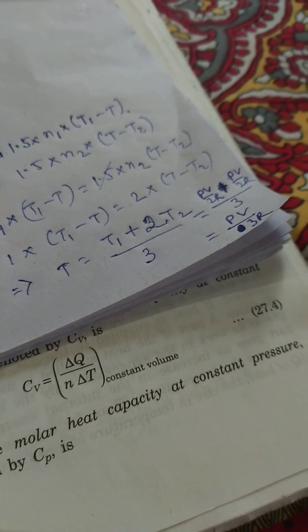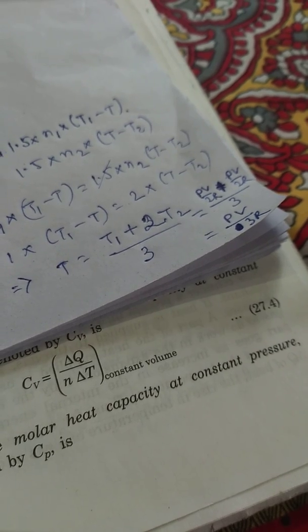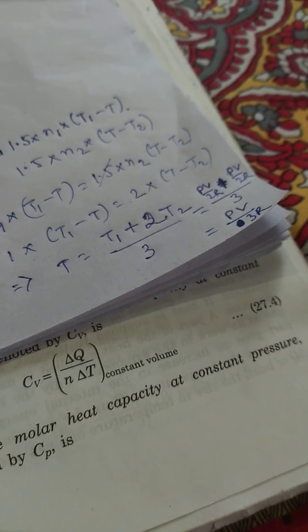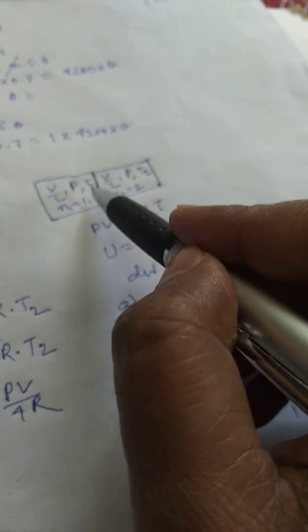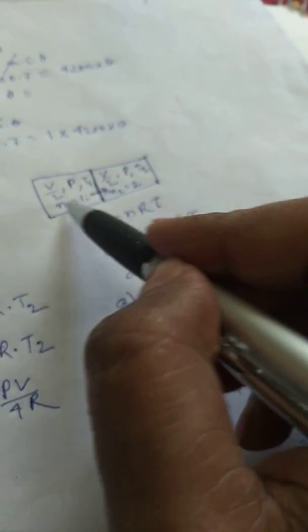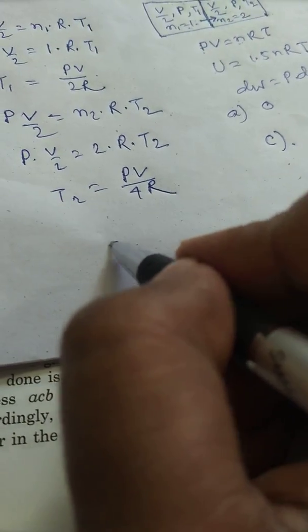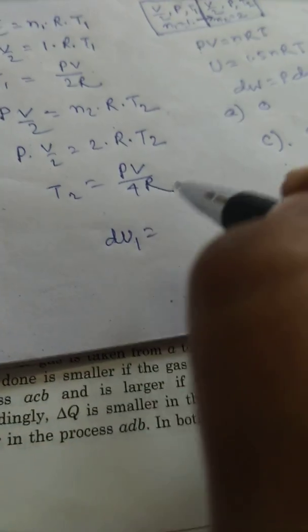In D, they have asked for the heat given to the gas in the right part. What is the heat given to the right part? Obviously, it is given by this. It is equal to its change in internal energy, dU1.